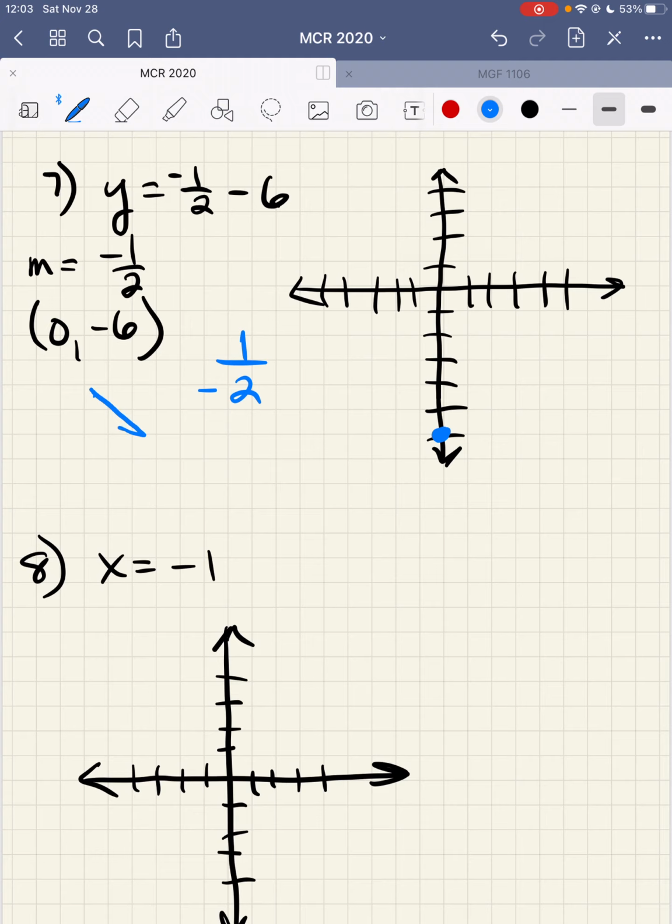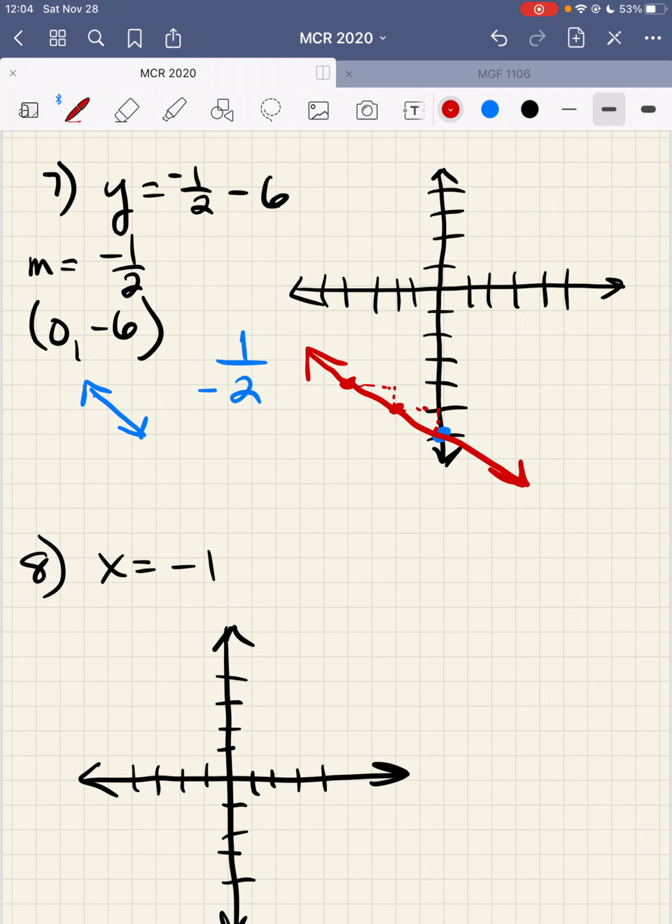My line should still, in the end, be going down from left to right. So I'm going to go up 1 and to the left 2, and do it again from here. Oops, I went up too many. Got to make sure I'm counting. Up 1 to the left 2. And I indeed have a line that's going down from left to right.